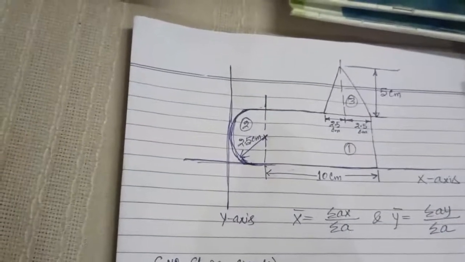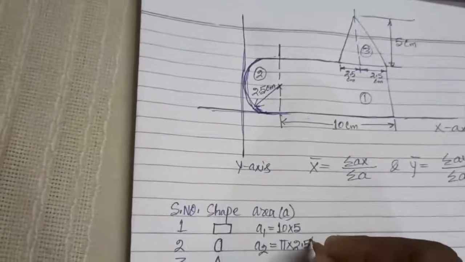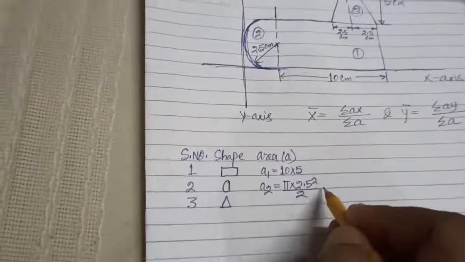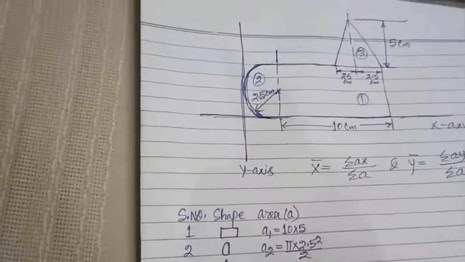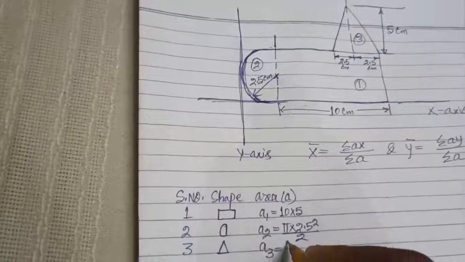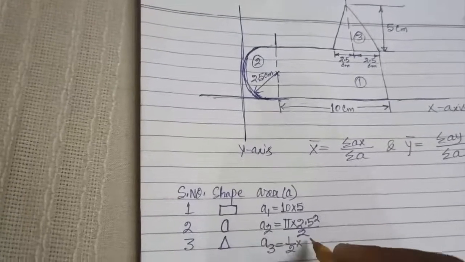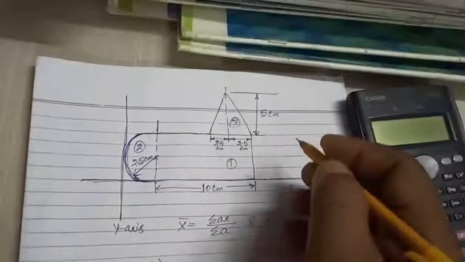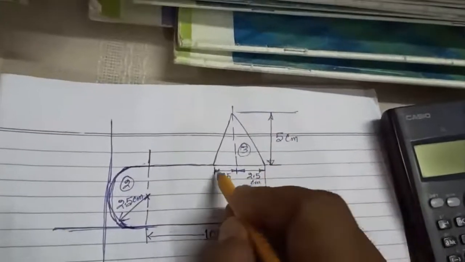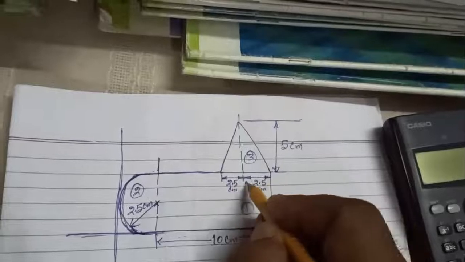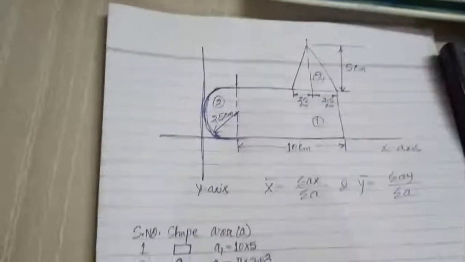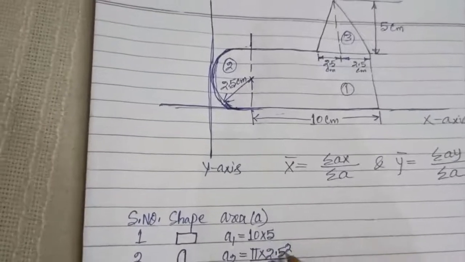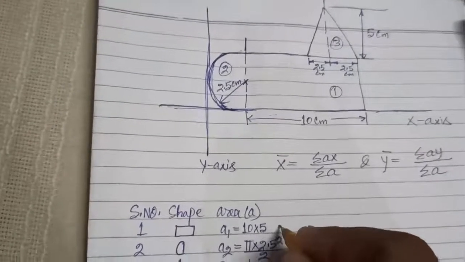So pi into 2.5 square divided by 2. This is the area of the semicircle. And the third one is the area of the triangle. So 1 by 2 into base into height. 1 by 2 into base, total base 5 centimeter, and height is also 5 centimeters. So this is 1 by 2 into 5 into 5.